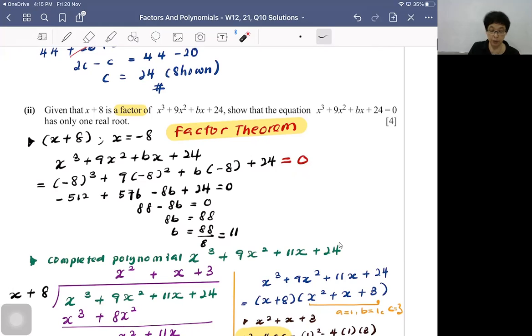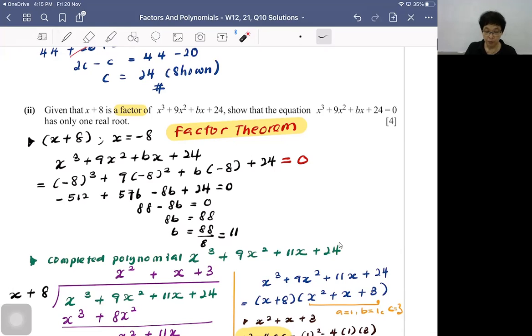And that comfortably gives yourself the next steps of simplifying, expanding the cube of minus 8, and then expanding this, and you get 576, and then simplify this, you get minus 8b plus 24, and accordingly you simplify the like terms into 88 minus 8b equals 0, and you go on solving, you get b equals 11.